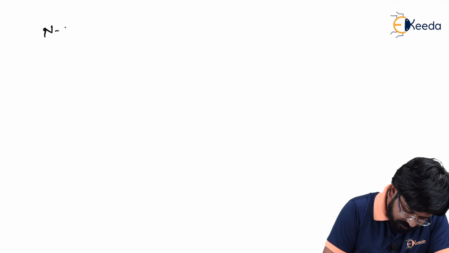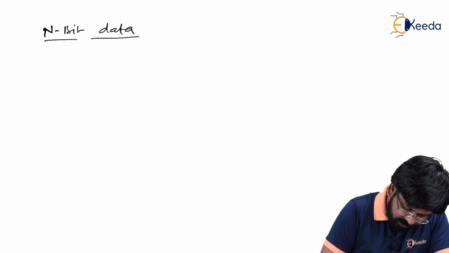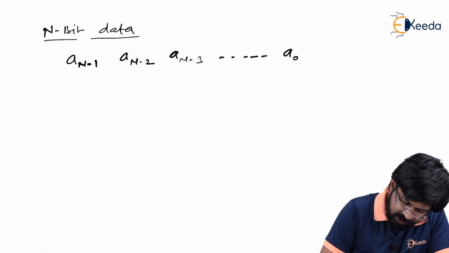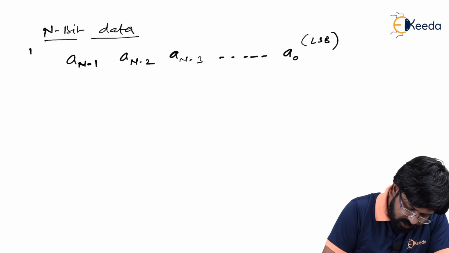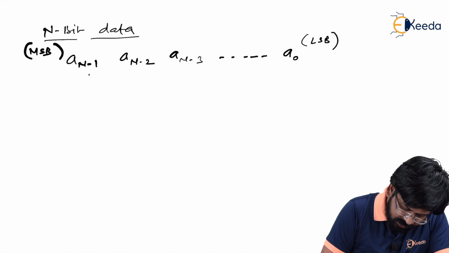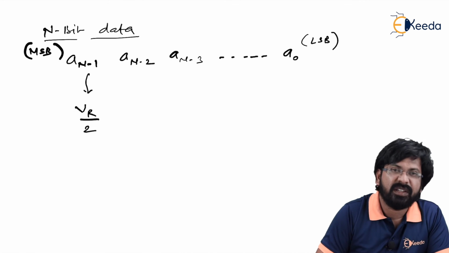Let's say you have n bit data. So I'll start with MSB, which is an minus 1, then you have an minus 2, an minus 3, and so on. You go up to a naught, where a naught is your LSB and an minus 1 is your MSB. Am I right? So for MSB, as we have already studied, you always get output as VR divided by 2. Is that right?